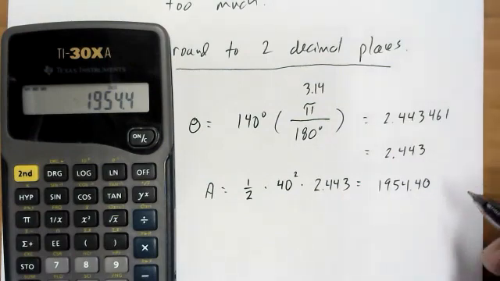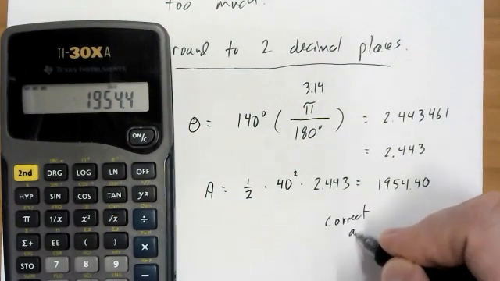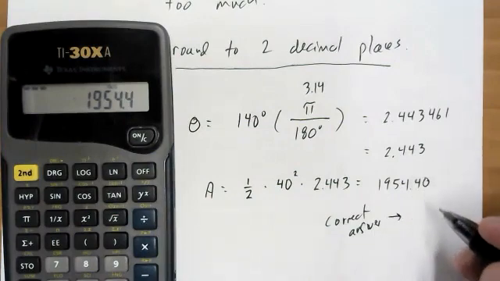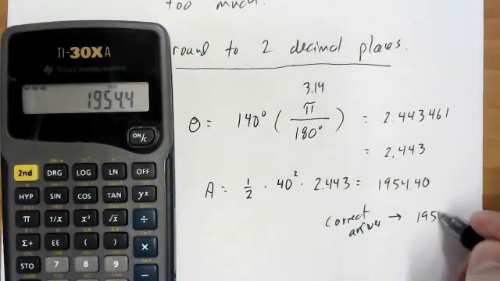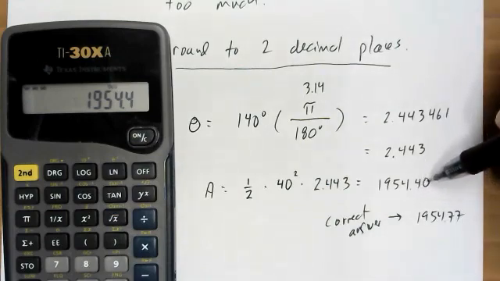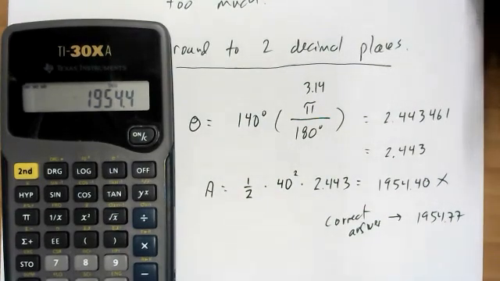But you know what the actual answer, the correct answer was? 1954.77. In other words, the decimal places were off. And my math lab said that was an incorrect answer.